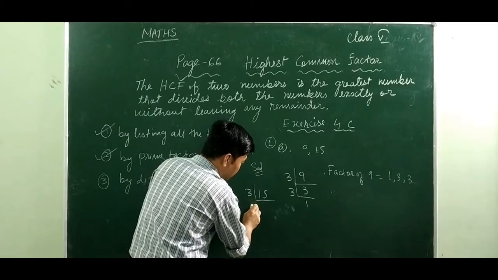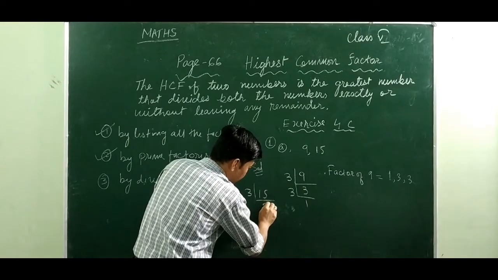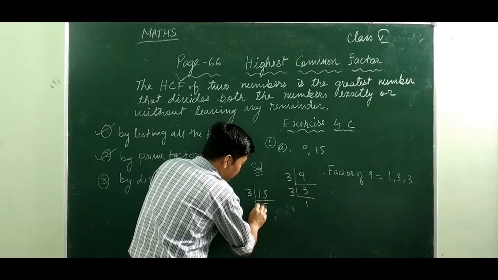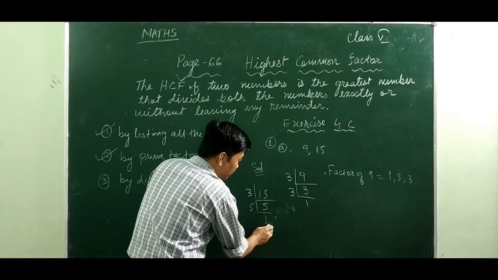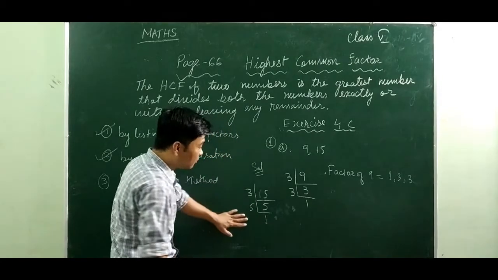So 3 times 5 is 15. Again, 5 is a prime number, 1 times 5. So we cannot divide the number further.